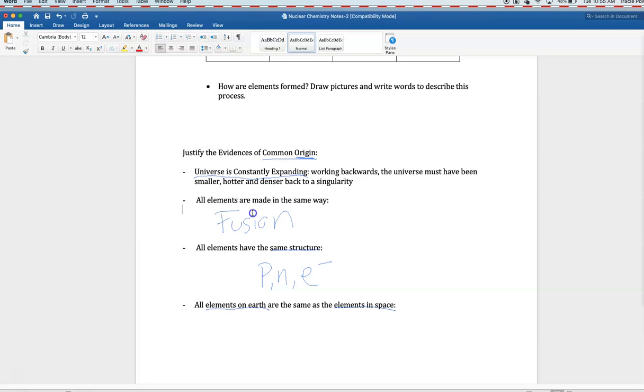But as we explored the universe, we were able to see that not only do we on Earth have those elements, but also those elements exist in space. And so the elements that we have here are the elements that we have in space, and we're all made up of the same elements. Okay, so that goes back to these two, because if we're all made of the same things and they're all made in the same way, then most likely we have a common origin.